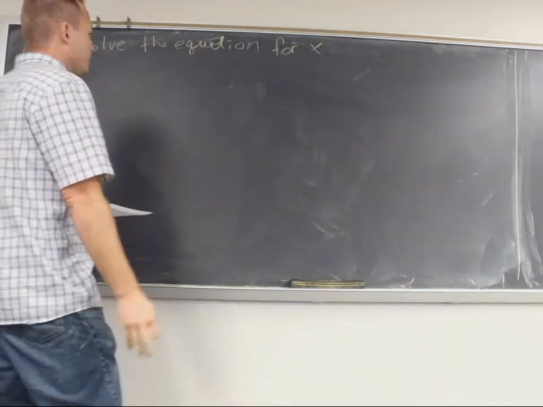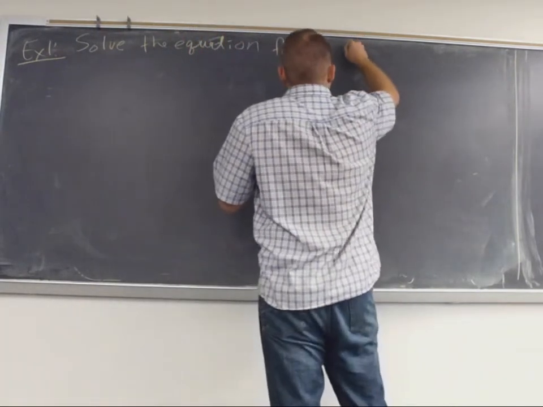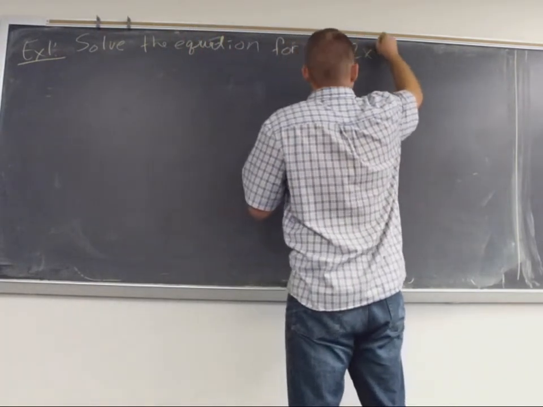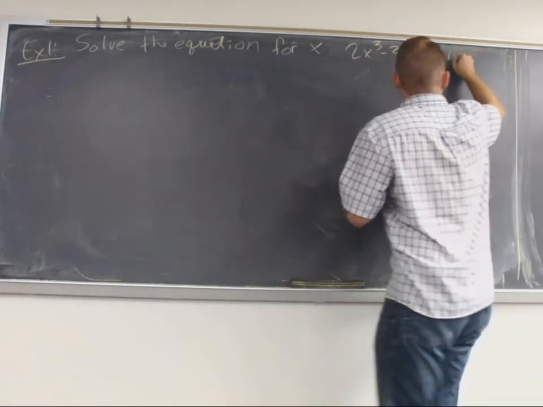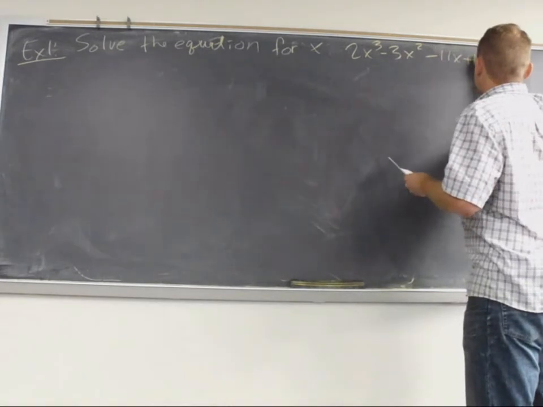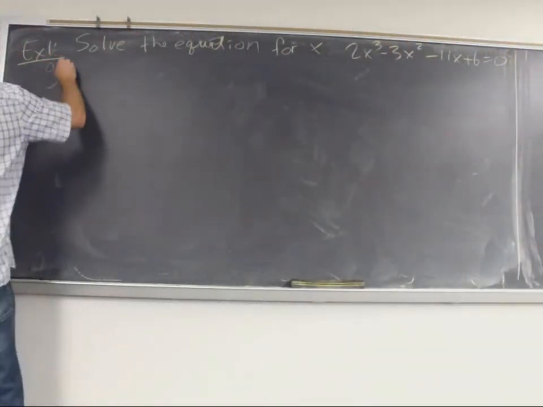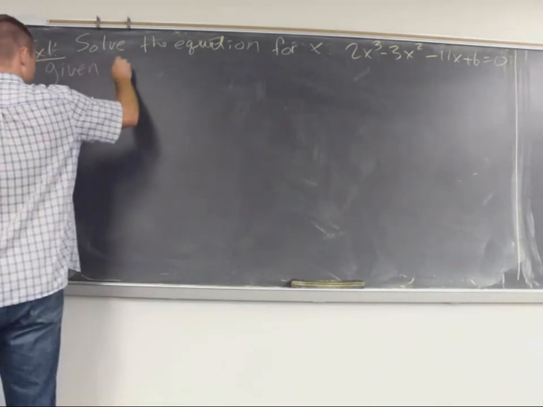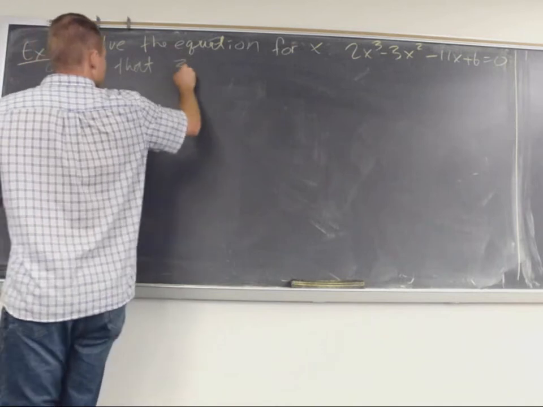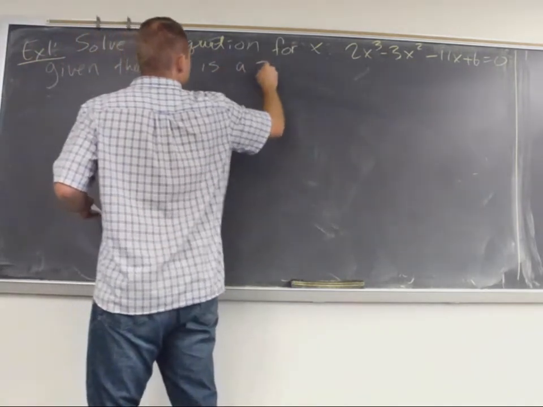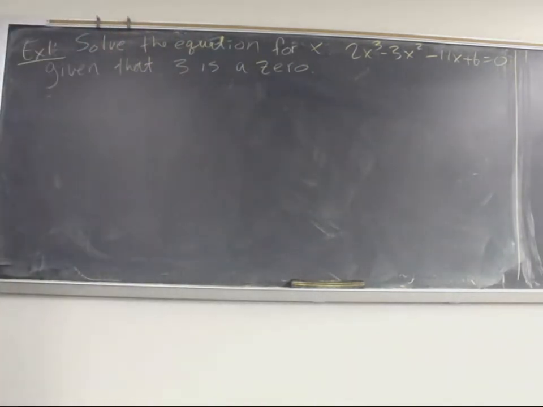So I want to solve this equation for x, or find the zeros: 2x cubed minus 3x squared minus 11x plus 6 is equal to 0, given that 3 is a 0. All right.